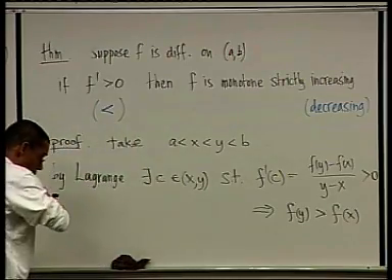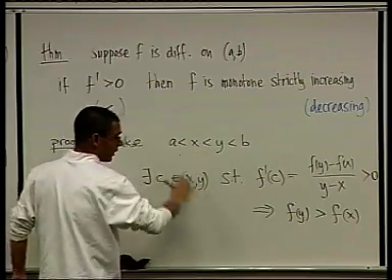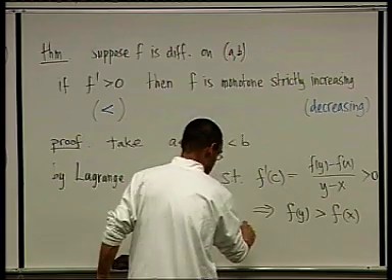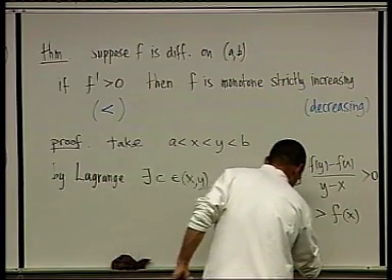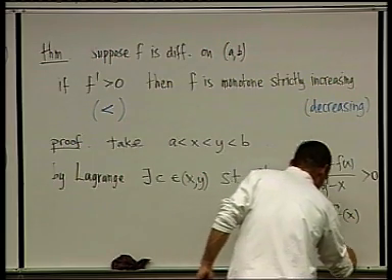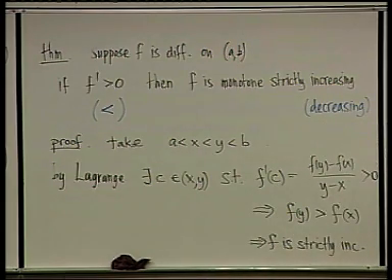And since this was true for any x and y, if y is greater than x, f of y is greater than f of x, f is increasing by definition. f is strictly increasing by definition. Questions?